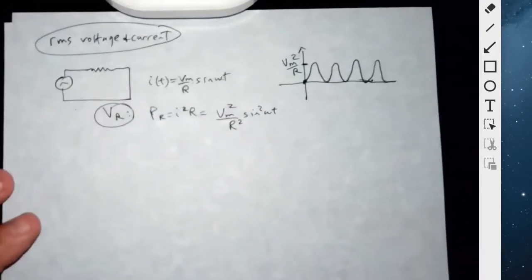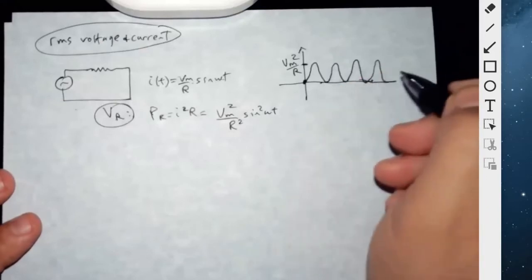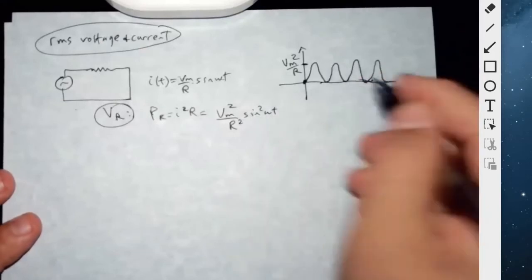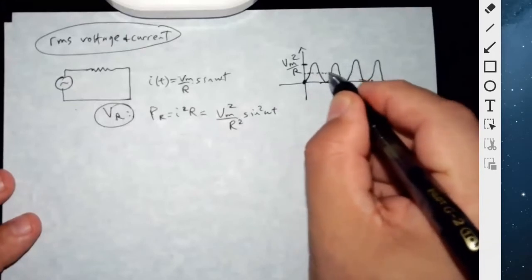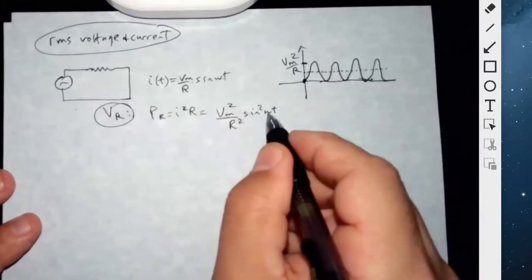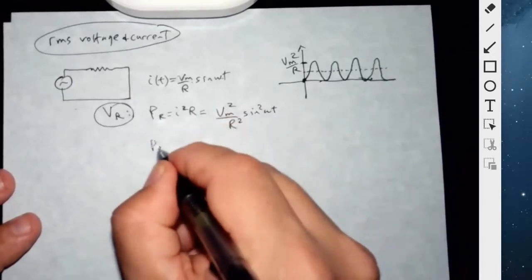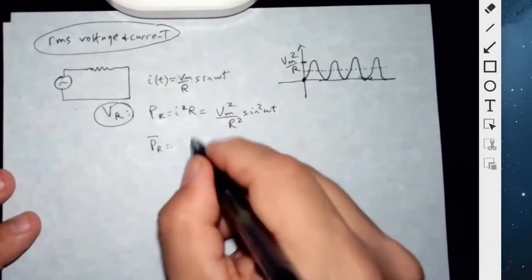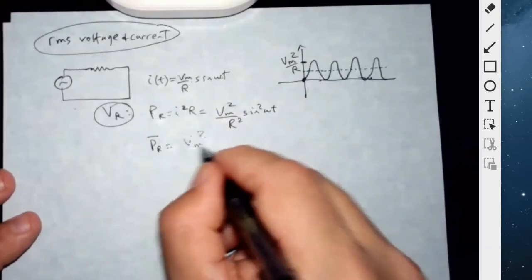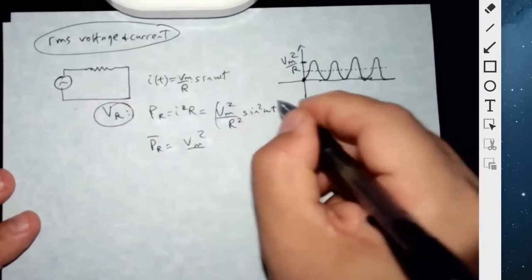Now, if I want to find the average value of that, what do I do? I integrate this over one period. So the average power is going to be Vm squared over, oh no, I forgot to multiply this by R, right?